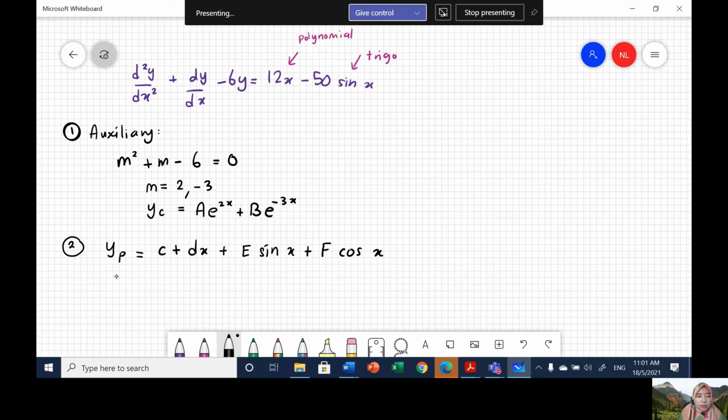Okay, then we proceed. Find the first derivative. Differentiate. C, D, E, F are constants, just defined as constants. Differentiate, here we have d, then we have e cos x minus f sin x.